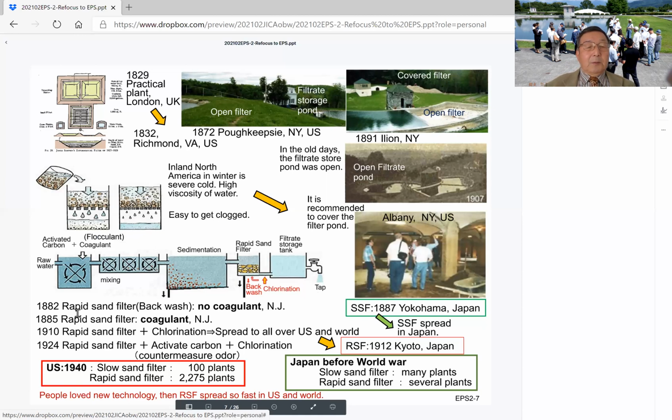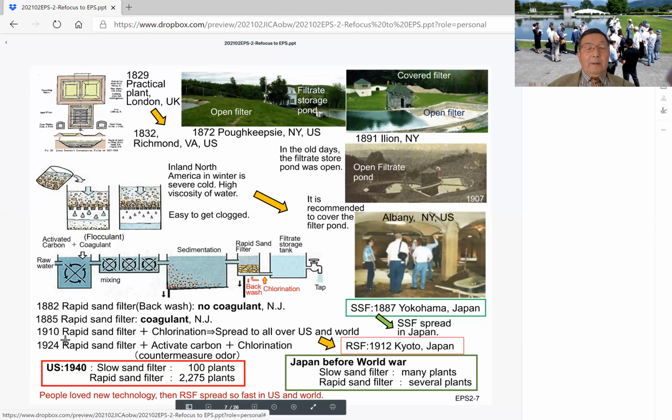In 1882, they developed the rapid sand filter backwashing process. So this way they use no coagulant twice. And then in 1885, rapid sand filtration was invented.